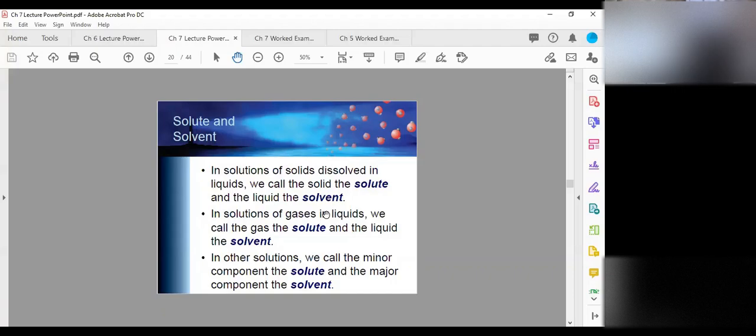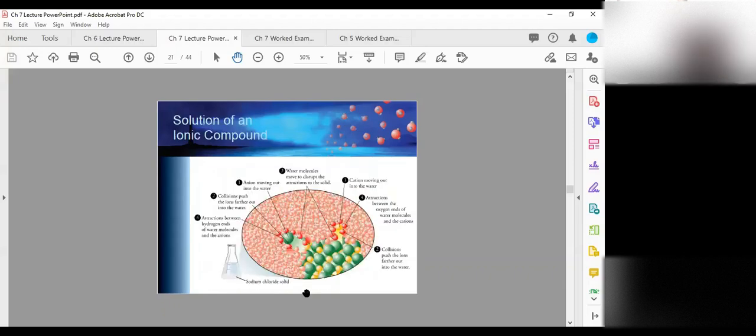So if I'm dealing with a solution where the minor component is solute and the major component is a solvent, and that solvent happens to be water, then it's an aqueous solution. What if the major component is alcohol and the minor component is solute, is water? Is that an aqueous solution? No, it cannot. Aqueous solutions have to have water as a solvent in order for them to be labeled aqueous solutions. Okay.